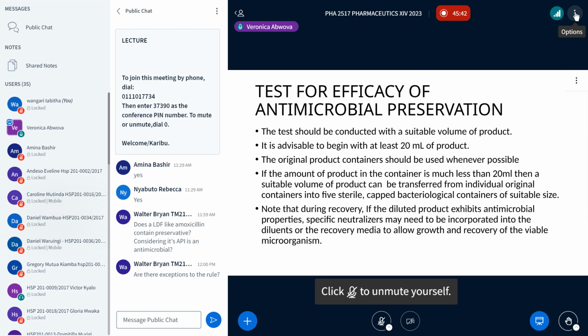If the amount of product in the container is much less than 20 ml, then a suitable volume of product can be transferred from individual original containers into 5 sterile capped bacteriological containers of suitable size. Okay. Note that during recovery, if the diluted product exhibits antimicrobial properties, specific neutralizers may need to be incorporated into the diluents or the recovery media to allow growth and recovery of the viable microorganisms. Okay.